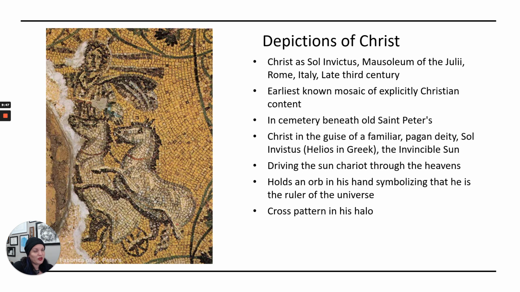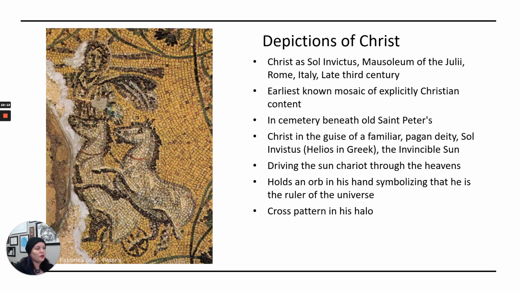And what's interesting here is because this religion is new, and at first was not a legal religion, there were sort of secret ways of portraying Christ other than the Christogram. So this is Christ as Sol Invictus. Sol, as we know, is the Roman god of the sun. In Greek, it's Helios.